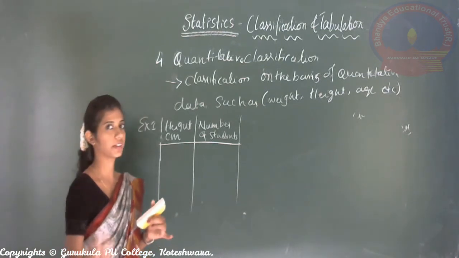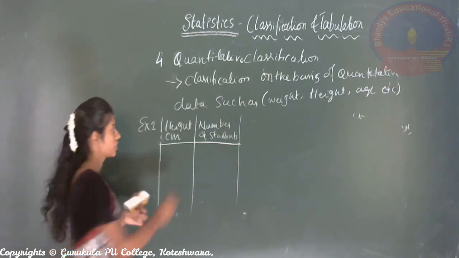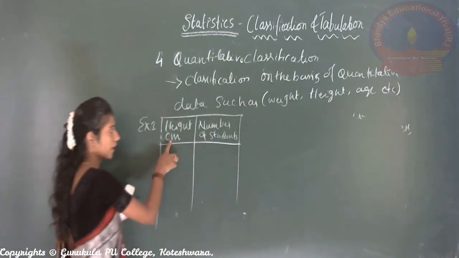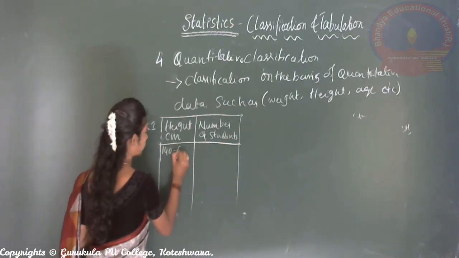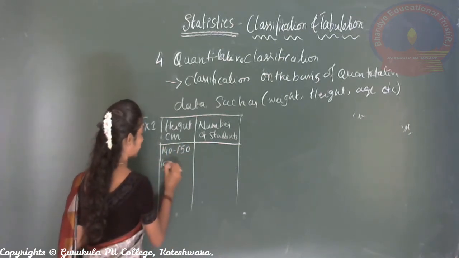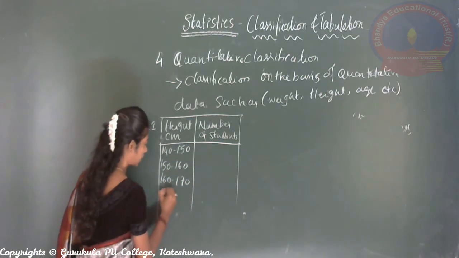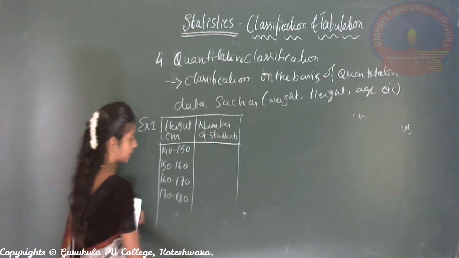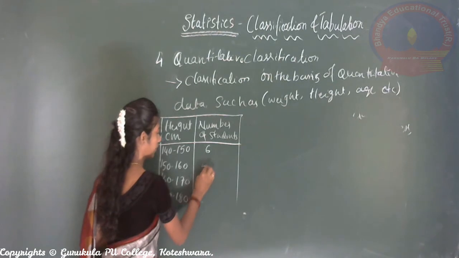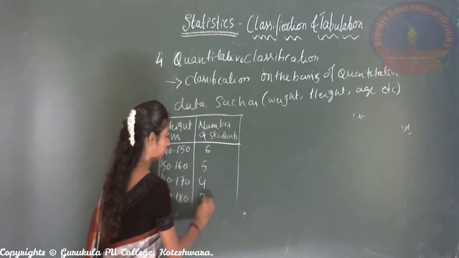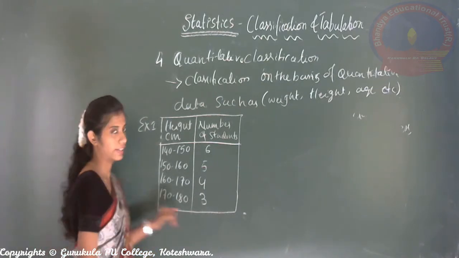Whoever you ask, they will tell you in numbers, right? So here I have considered height in centimeters, that may be 140 to 150, 150 to 160, 160 to 170, 170 to 180, like this. And the number of students may be 6, 5, 4, 3. So this is one particular example. I will explain it later.